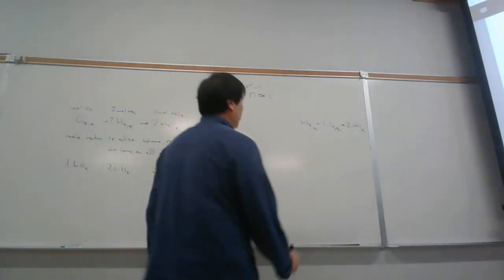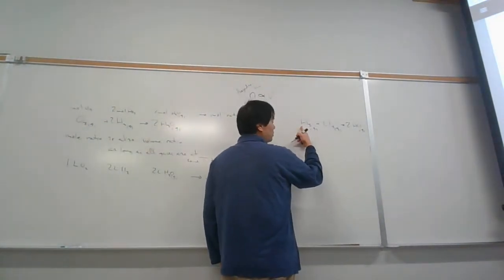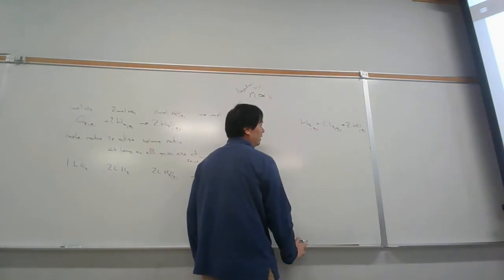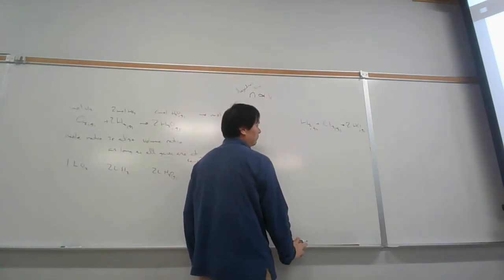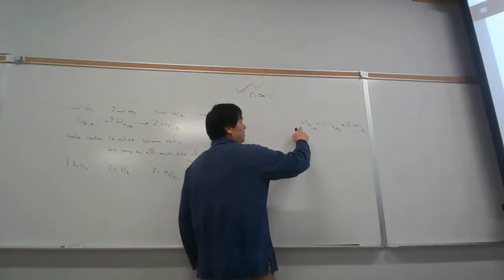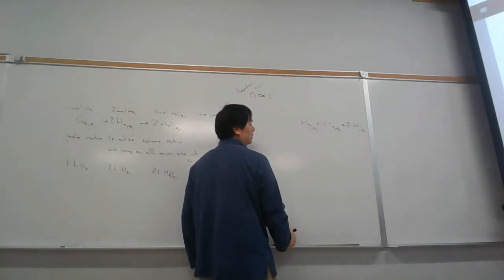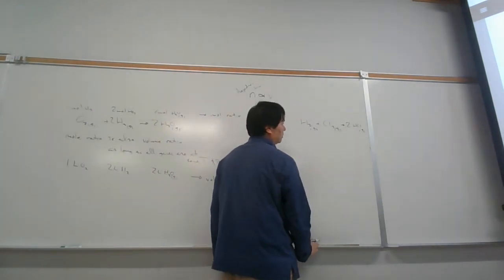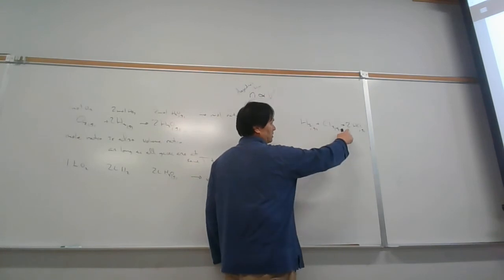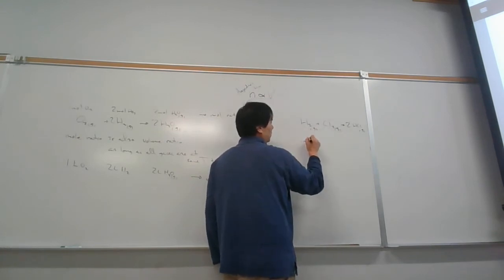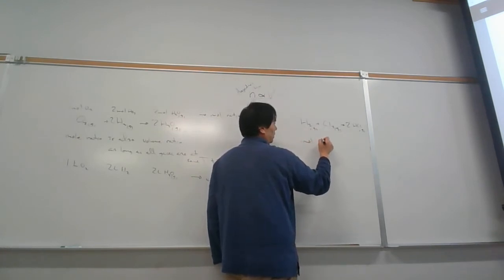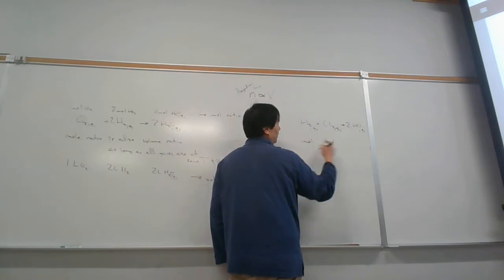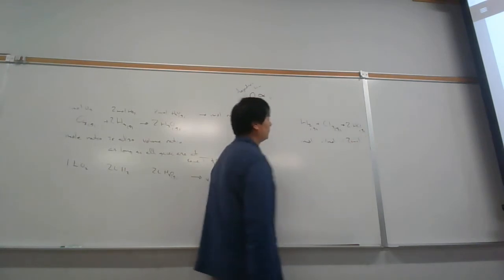So if I use 1 mole of hydrogen, how many moles of chlorine do I need? 1 mole. And how many moles of HCl do I produce? Well, in this case, it's 2 moles.